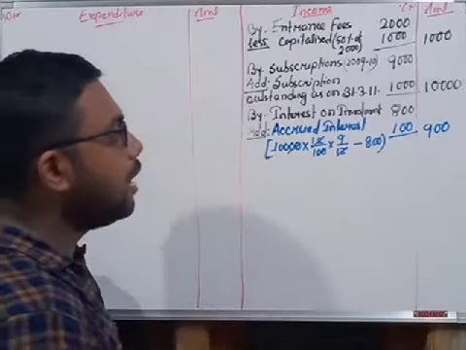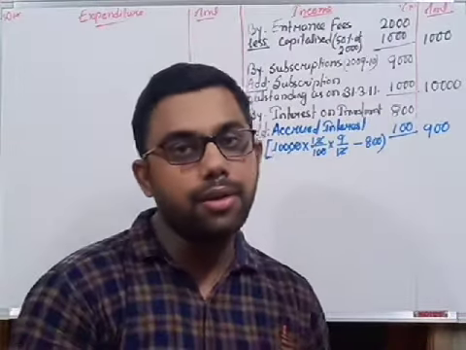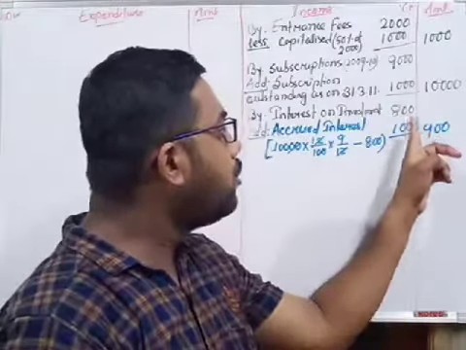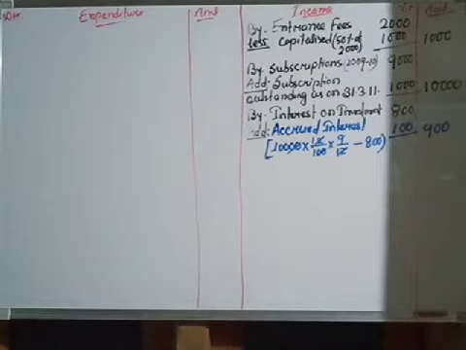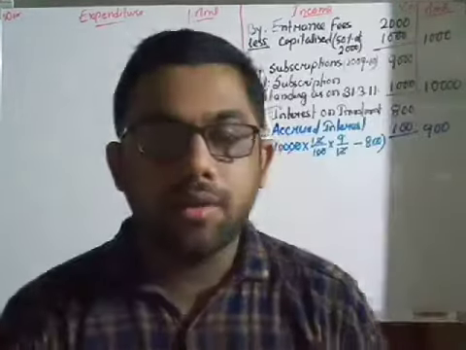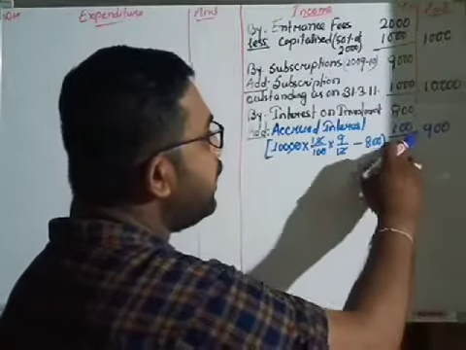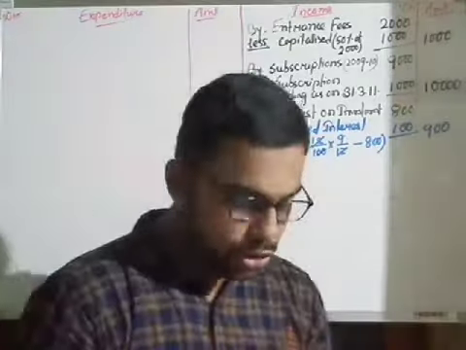This is the total amount of interest received by the non-trading organization during the accounting year. Out of 900 only 800 is received, and 100 is outstanding.